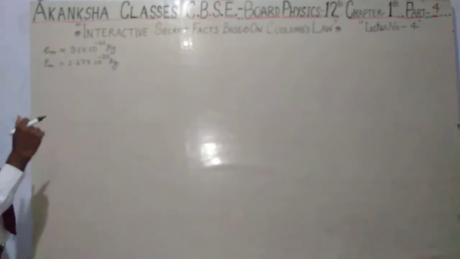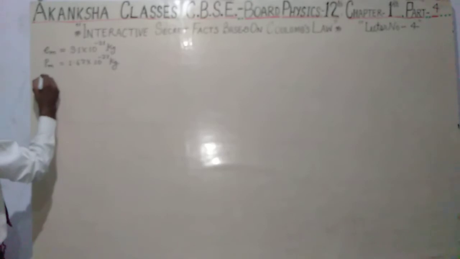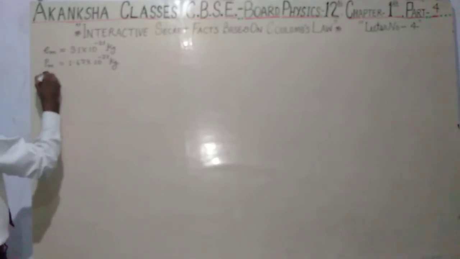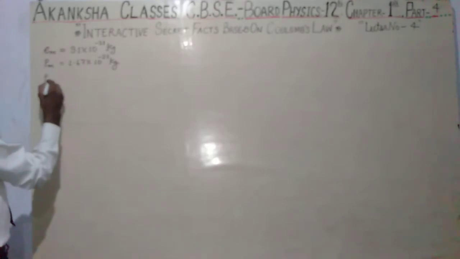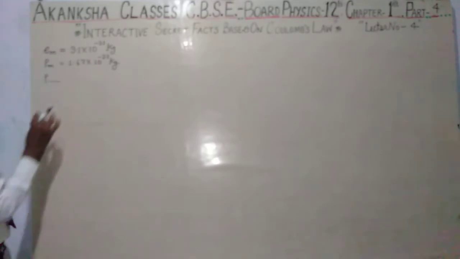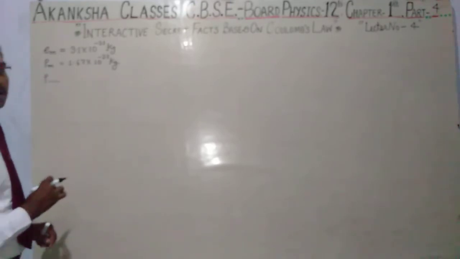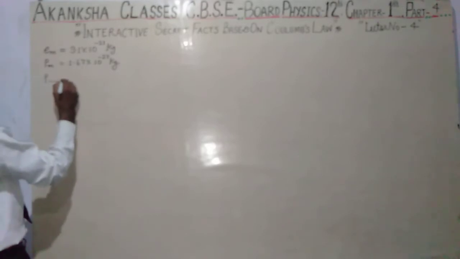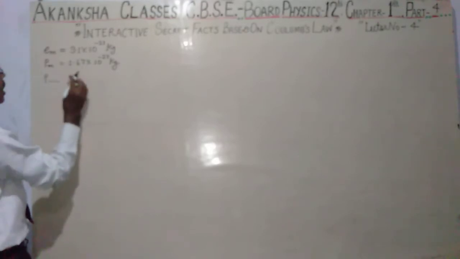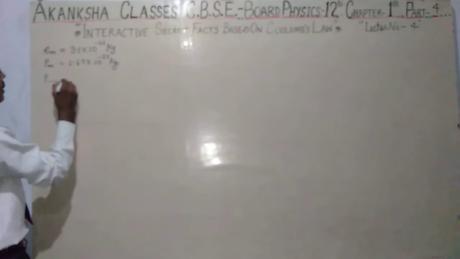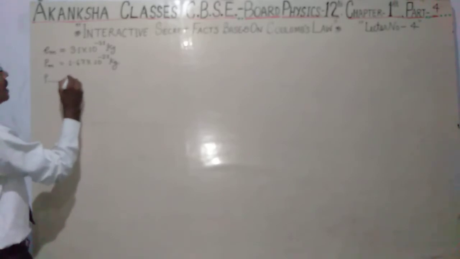The distance of one proton to another proton inside the nucleus is approximately 10 power minus 15 meter.